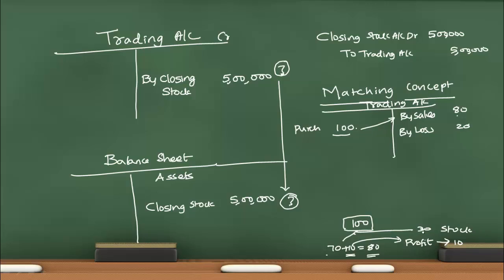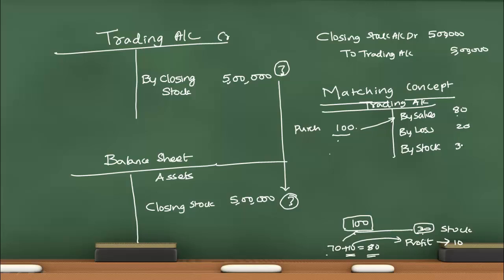So if this 30 is subtracted from purchases, then on the debit side we'll have only 70, on the credit side we'll have 80, so we can get the real profit of 10 rupees. So instead of subtracting from purchases of 100, we can write on the credit side by stock how much?